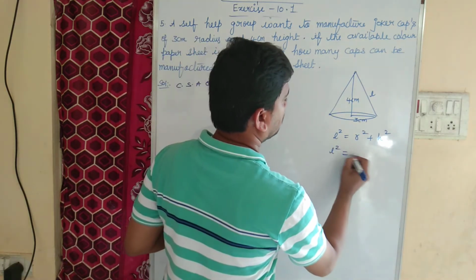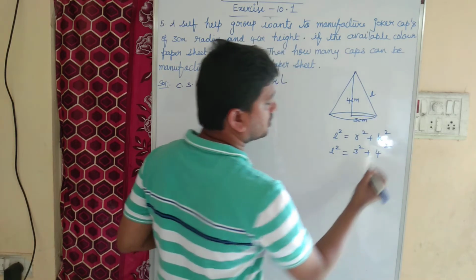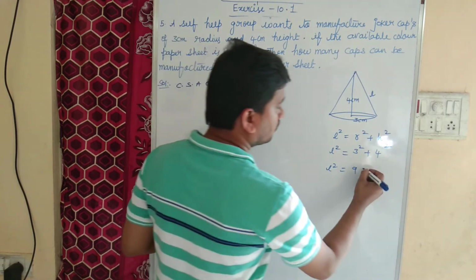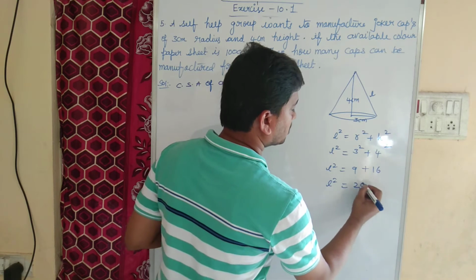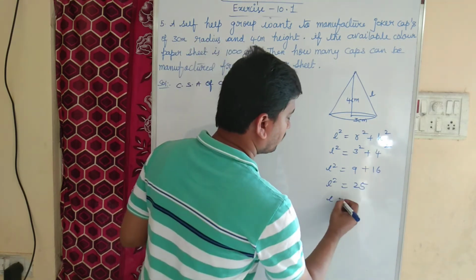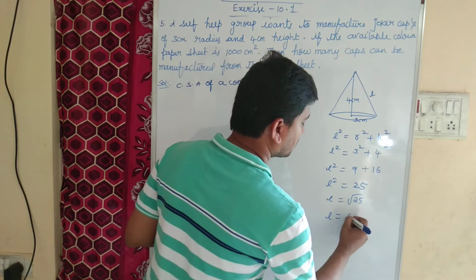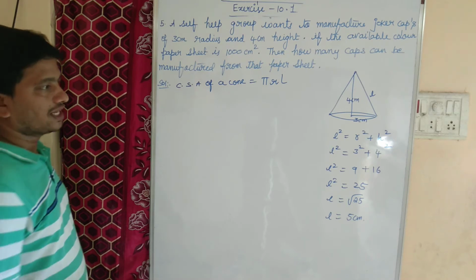So L square equals 3 square plus 4 square. 3 square is 9, 4 square is 16. So 9 plus 16 is 25. If you transpose the square, it becomes root. What is the square root of 25, children? Square root of 25 is 5 centimeter. We got the L value as well.